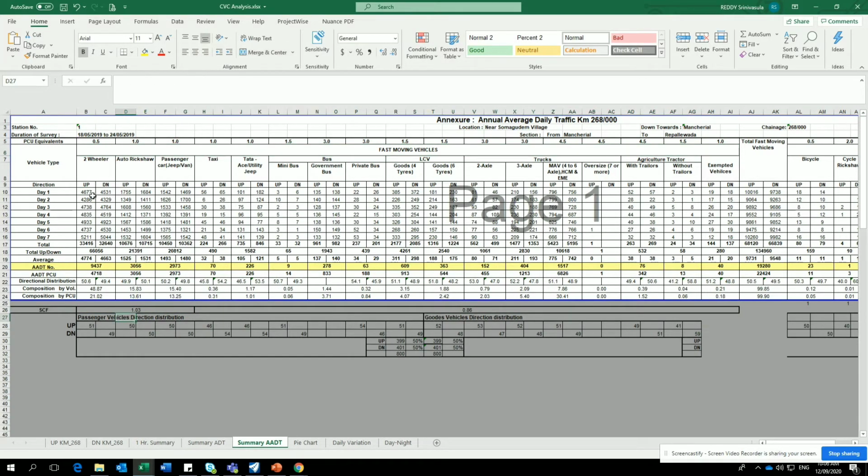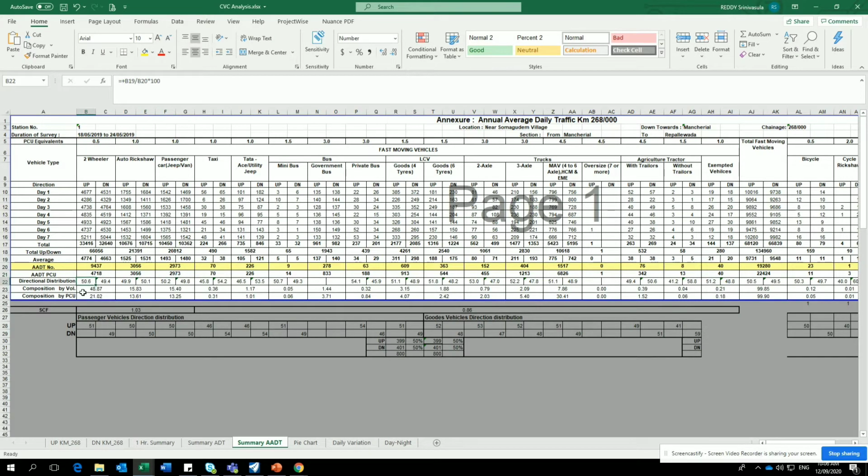Okay, so now we got the ADT values for day 1, day 2, day 3. Similarly the total, then the up direction, then the average. After that, ADT in number, then ADT in terms of PCU, just a multiplication.